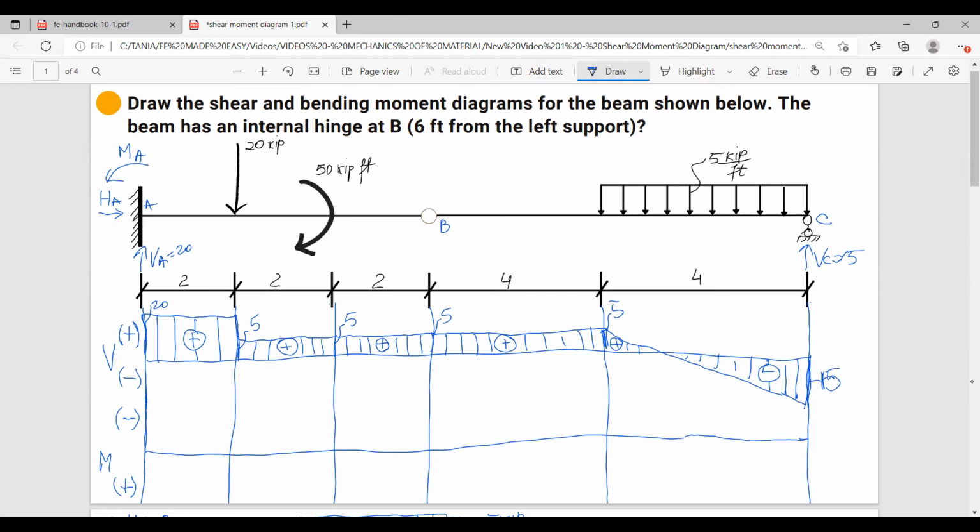I started with the moment, which is 120. And then I'm going downwards with 50, which leaves me here with 70. And this is negative. And then from 70, going down with 10. 5 times 2 is 10.